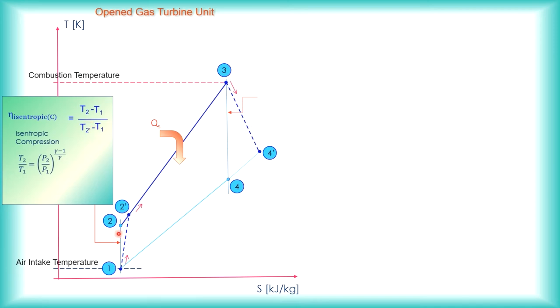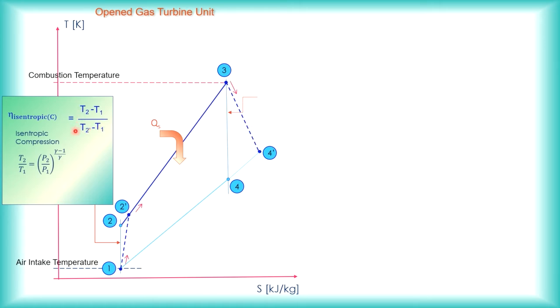Now, the compressor is dealing with air, so it is usually written as CPA, where CP stands for specific heat capacity at constant pressure. If I write CPA, that means it represents the specific heat capacity at constant pressure for air. So you will have CPA (T2 minus T1) divided by CPA (T2 prime minus T1).